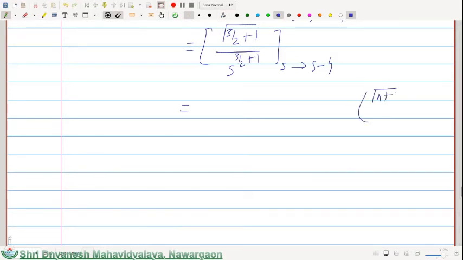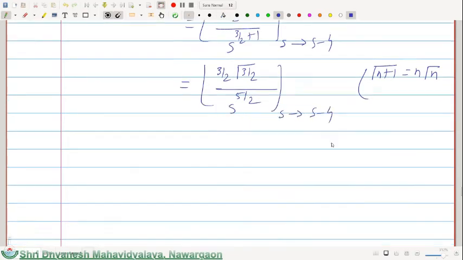Gamma n plus 1 is equal to n gamma n. So this is 3 by 2 gamma 3 by 2 upon s to the power 3 by 2 plus 1, which is 5 by 2. S will be replaced by s minus 4.